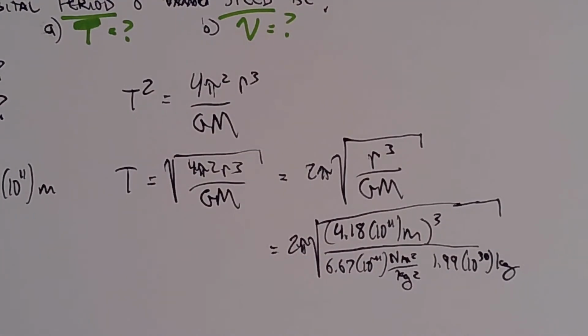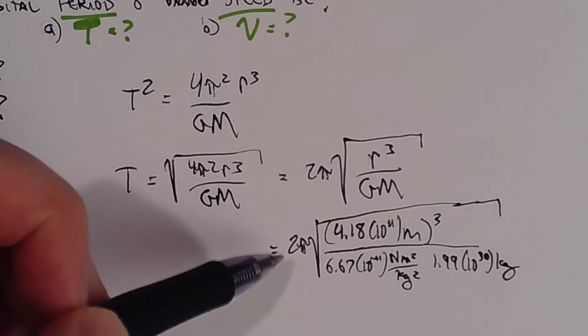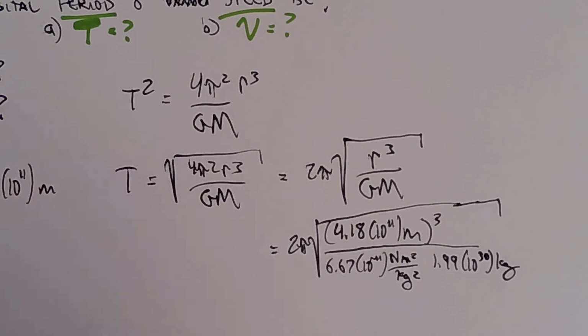Okay, this is a bit of a mess to plug into your calculator. Again, I'm always a fan of doing the whole thing at once, but you can break it up into parts. Multiplying by 2 pi is probably not the worst thing to wait and do till it's all said and done.